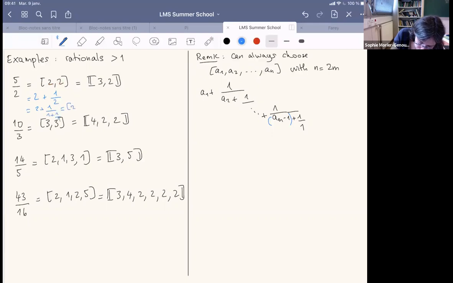So I could have written the expansion 2, 1, 1. But I don't want an odd number of terms in the sequence. And for the negative expansion, you can also compute in your head that 5/2 is 3 minus 1/2. And so these 3 and 2 refer to the coefficients here.